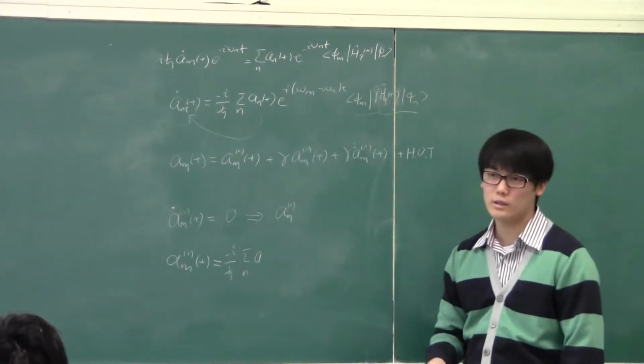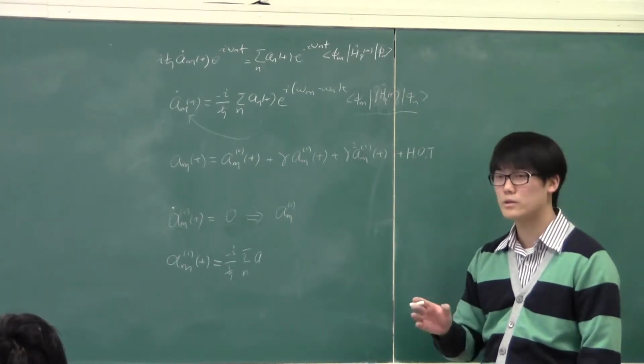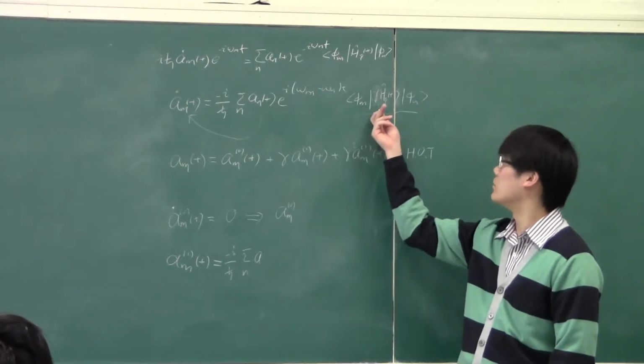So 0th order equation on the right hand side, I need to have the first order equation. The right hand side means the 0th order coefficient, right? Because this has order 1.